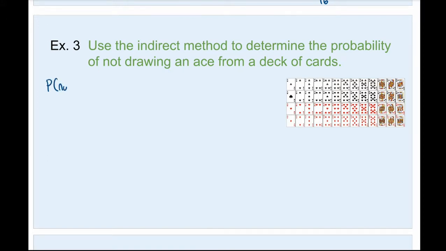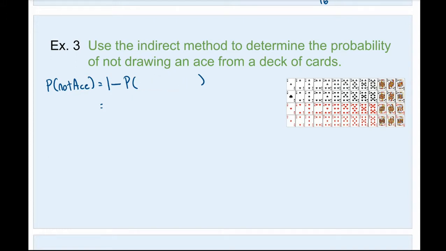So the probability, we'll just say, of not an ace is going to equal, if we're using the indirect method, 1 minus the probability of... sorry, not the probability of everything but an ace.